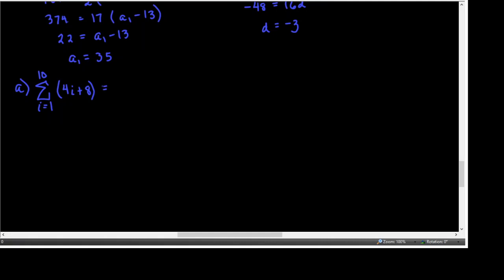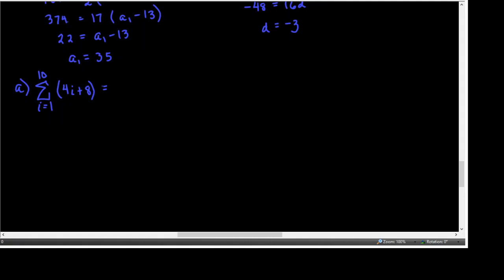After a little bit of practice, you'll start to realize that this one is definitely arithmetic, because the formula for the nth term is a linear formula. It's got i to the first. 4i plus 8 is a linear thing. If it were y equals 4x plus 8, you know it's linear, right? So if it's linear, you know it's arithmetic.